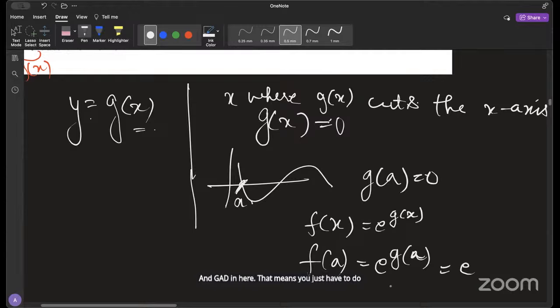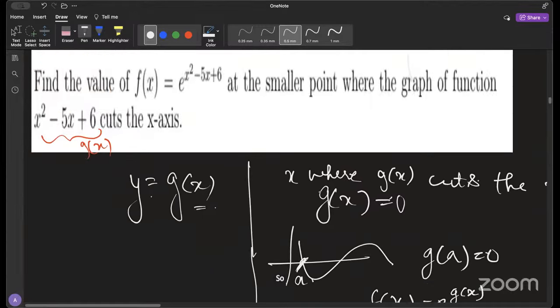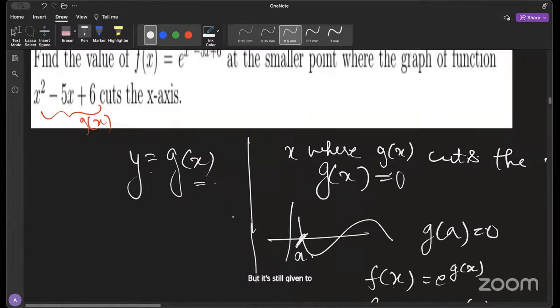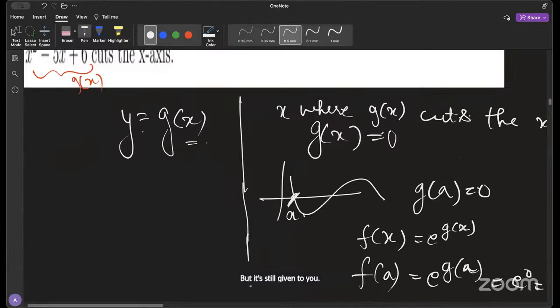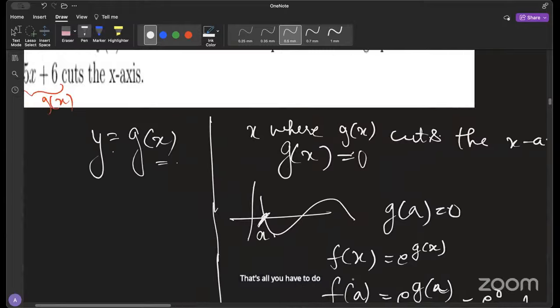That means you just have to do e to the power 0. That's it. It's 1. So basically, you don't even need the function here, but it's still given to you.